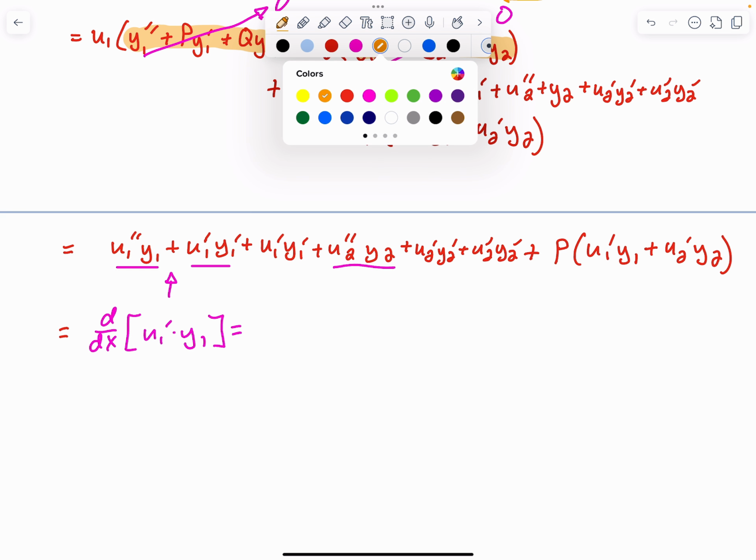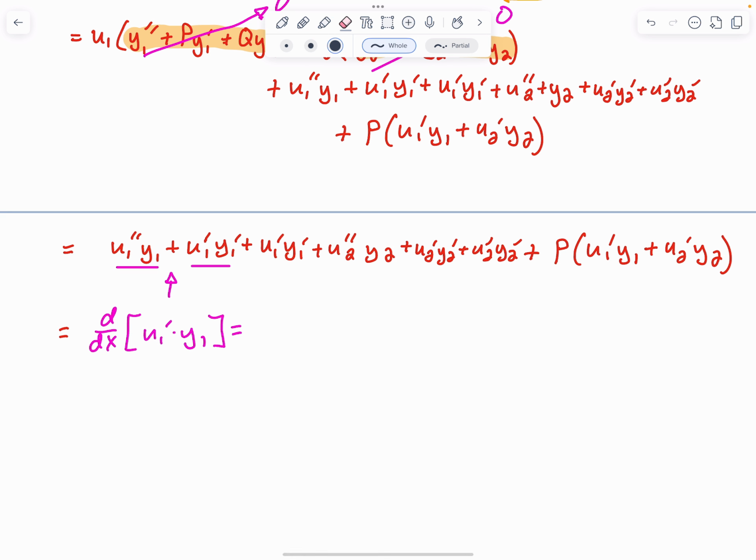All right, so for this one, I'm going to underline now with a different color. We'll do orange. Okay, so U2 double prime, and then we're looking for U2 prime Y2 prime right there. So those two can also be written as d/dx of U2 prime times Y2, right?